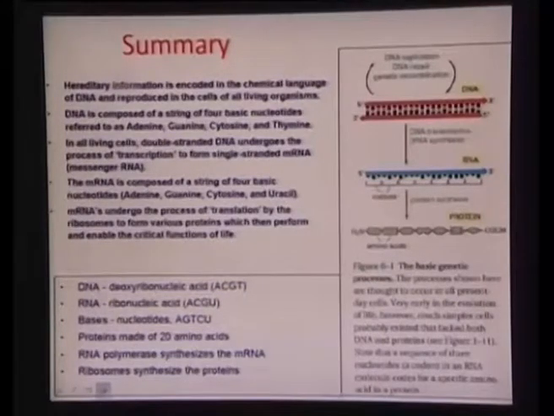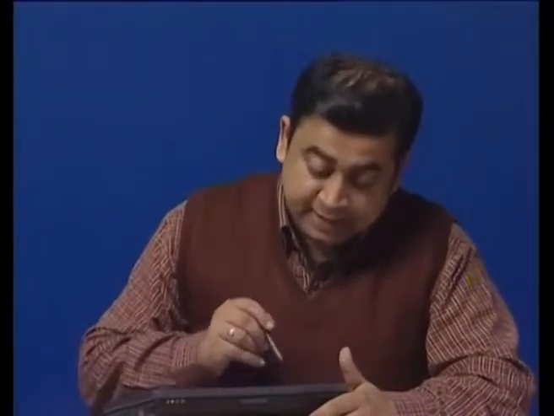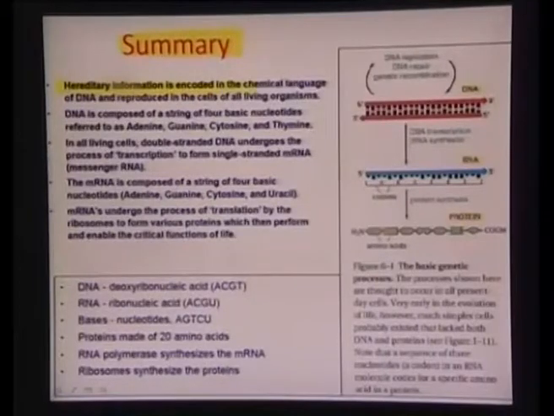So in summary, what we would say here is that essentially the hereditary information is encoded in the chemical language of DNA, and this is also a basis of reproduction in cells and all living organisms. The DNA, as we know, is comprised of 4 basic groups: adenine, guanine, cytosine, thymine.